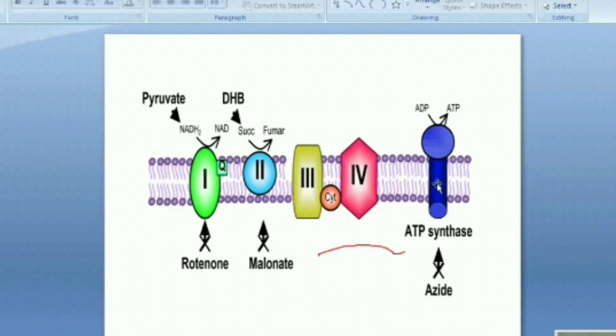While passing through it, the protons activate complex 5, the ATPase. As a result of activation, ADP is phosphorylated to ATP. The matrix space is rich in ADP and inorganic phosphate, and inorganic phosphate is bound to ADP, forming ATP.